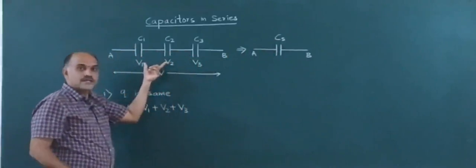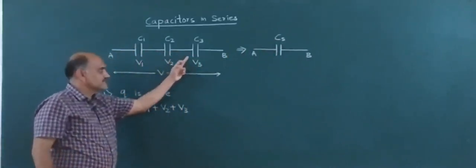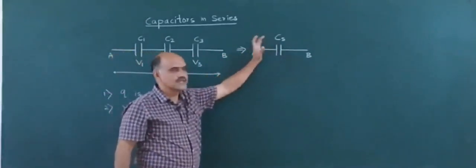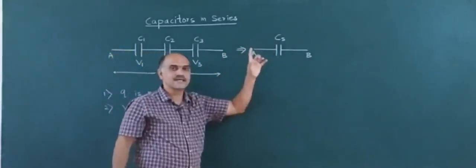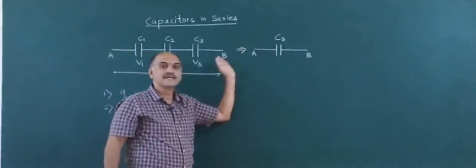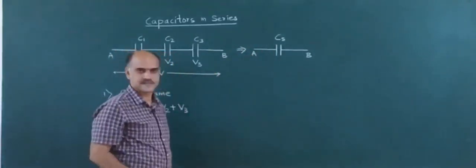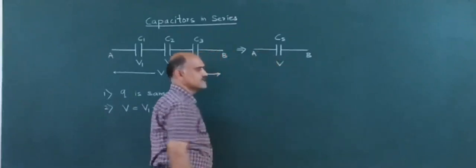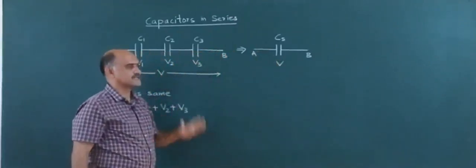What effect I get using these three, the same effect I get using only one single capacitor. And potential across AB is V. Charge remains the same, that is Q.